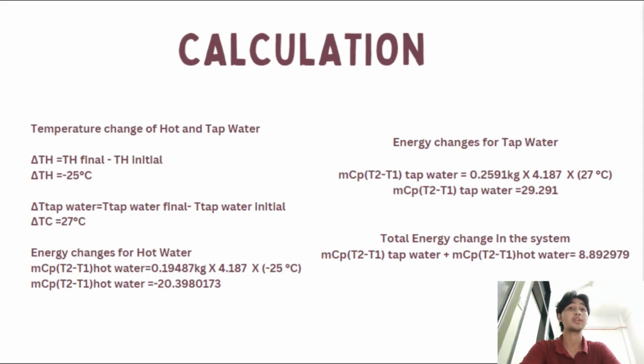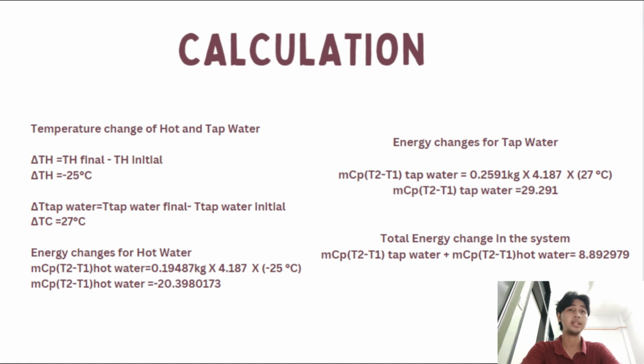So here we move to the calculation part. We need to calculate a few things using data that we recorded. First thing first, we need to calculate temperature changes of hot water. Delta TH means delta temperature hot water. How to find it?